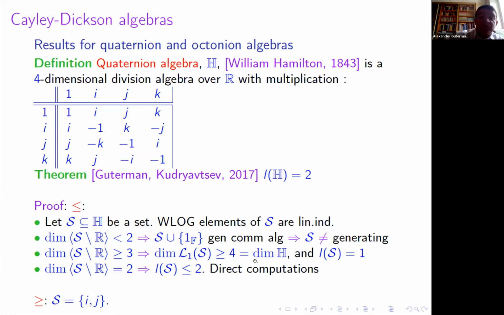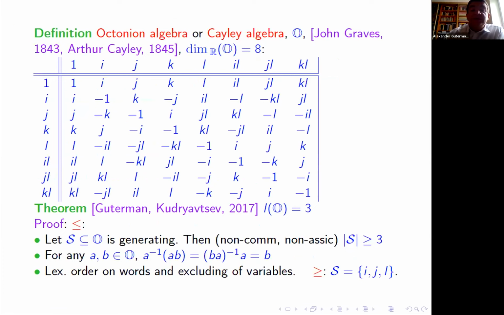Still, one needs to show this, but it's rather straightforward. I would like just to mention that this 2 is achieved on this generating set, which is natural. For octonions, this is the first non-associative example. We have already 3, and it is achieved on this generating set of these 3 elements.